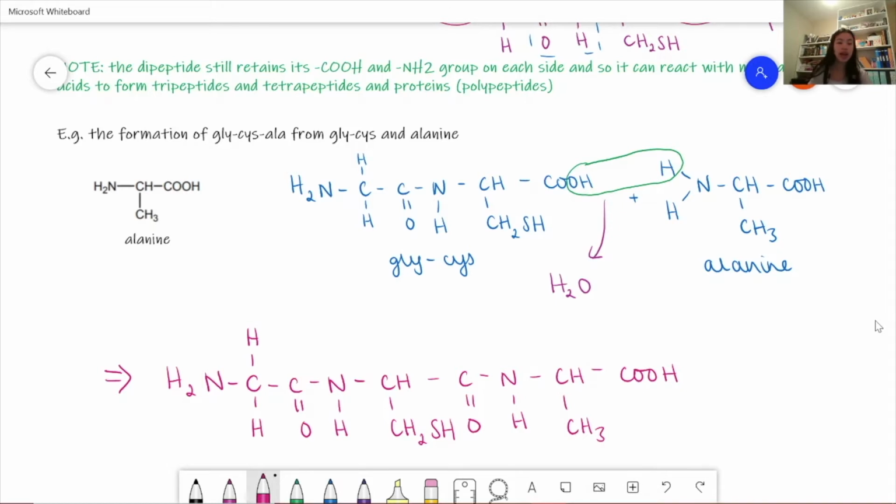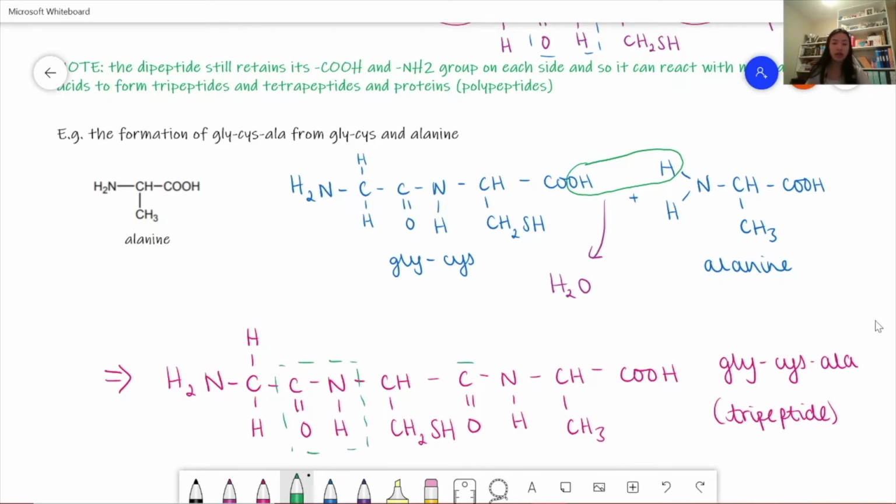So this is our glycyl-cysteine-alanine, and this is a tripeptide because we've reacted 3 of the amino acids together. And so here we have the peptide link, and also here as well.